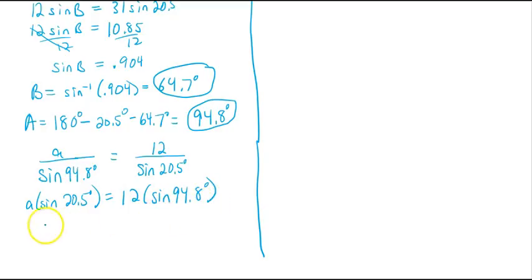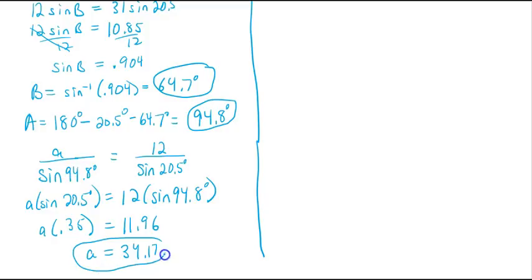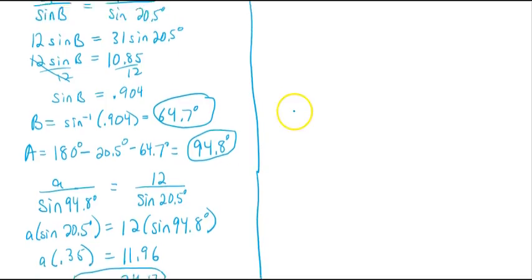And then the sine of 20.5 is about 0.35, and 12 sine 94.8 is about 11.96, and then I just have to divide and get A to be 34.17. So the first solution, again, it seems really normal, no weird steps taken.